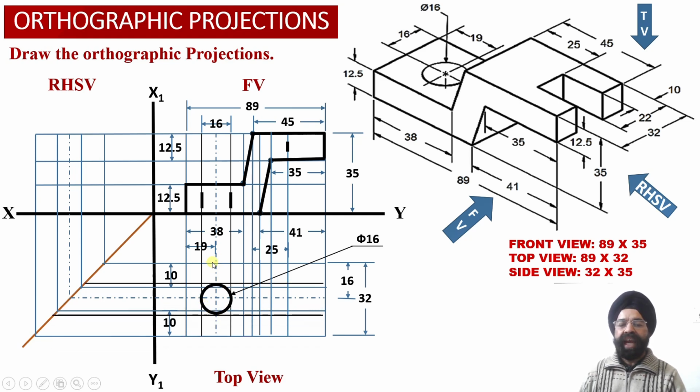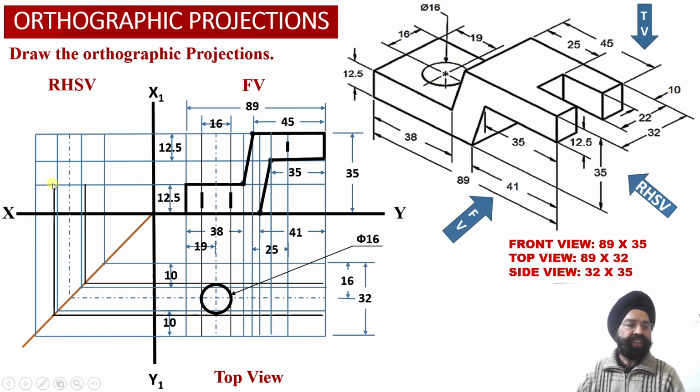Next, we know that corresponding to this circular hole, we can draw two horizontal projector lines into the top view projections, and these two horizontal projector lines we need to extend into the right hand side view projections over here, because when we are going to look at the solid from the right hand side, we need to acquire information about these two diameter end points corresponding to the circular slot.